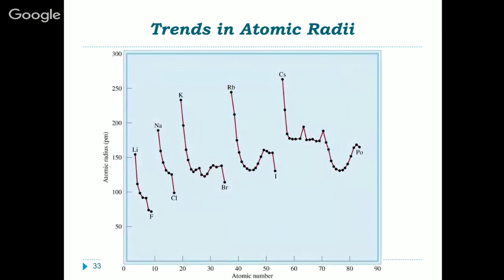And another way to look at our trends in atomic radii, if we notice here, lithium, sodium, potassium, rubidium, cesium, we are going down the alkali metal group, noticing that our atomic size increases. Now, if we look at lithium through fluorine, here we are going across a row, and we can see the trend that, yes, fluorine is smaller in size than lithium. This has to do with effective nuclear charge.